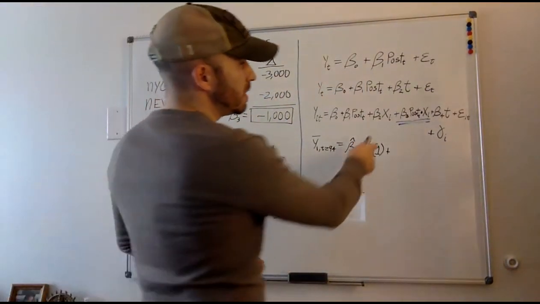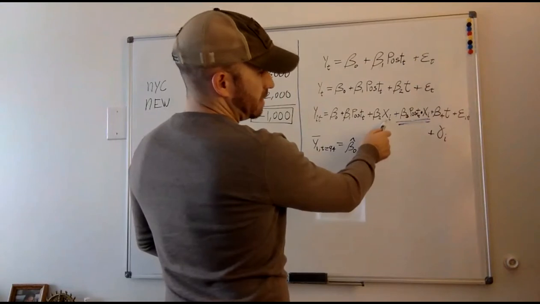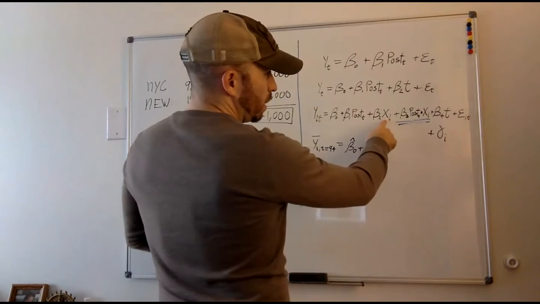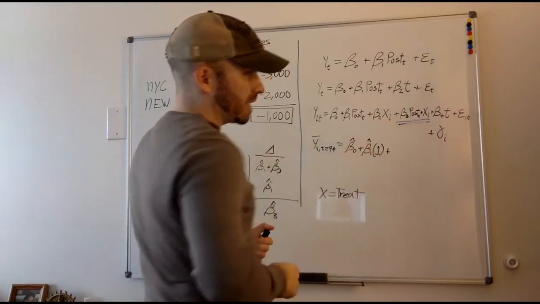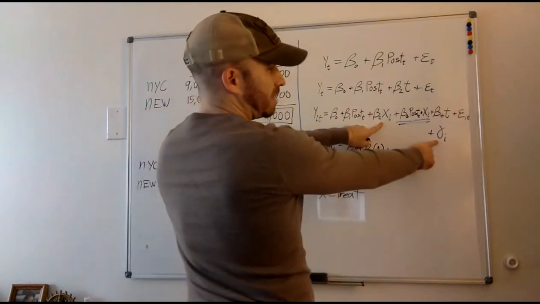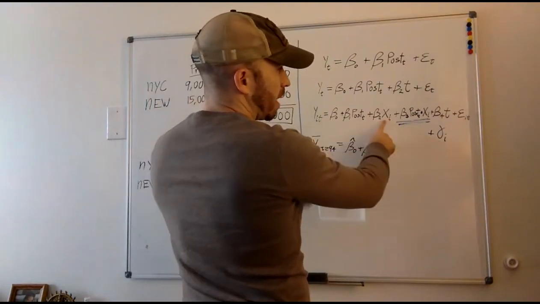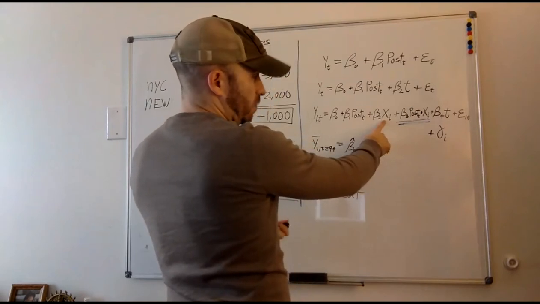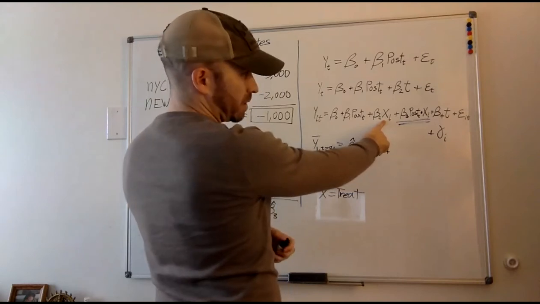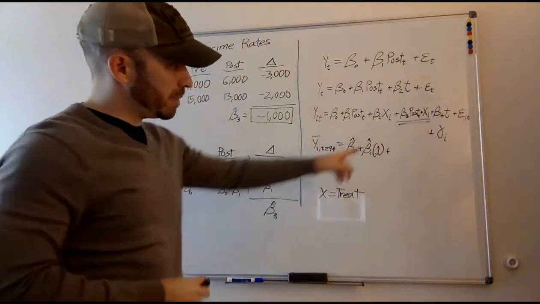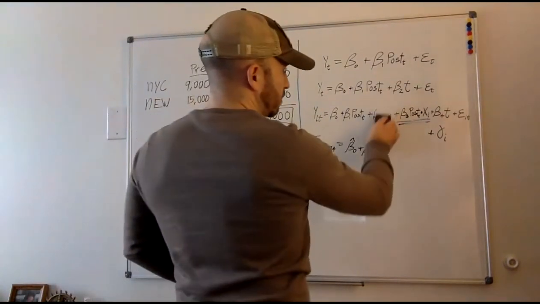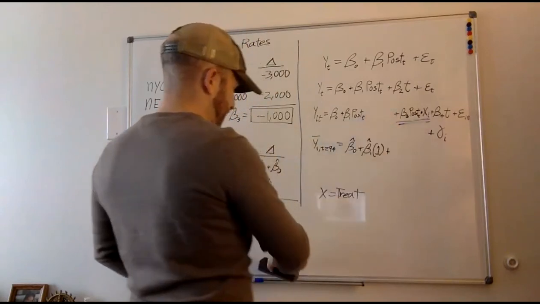But what that's going to do is not invalidate, but it's going to be perfectly multicollinear with this treatment indicator right here. Because for each of those cities that now has a dummy variable indicating which city it is, either they have a 1 for treatment or they have a 0 for treatment, and it never changes based on the time period, and therefore this term is just going to be unnecessary.